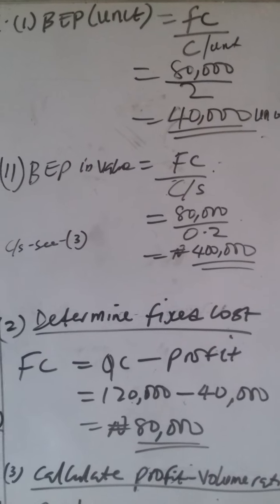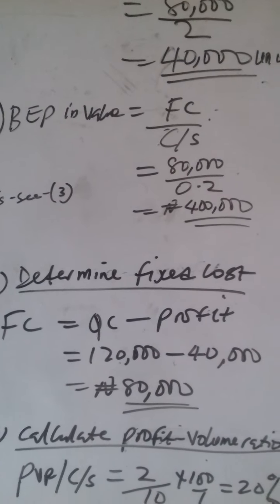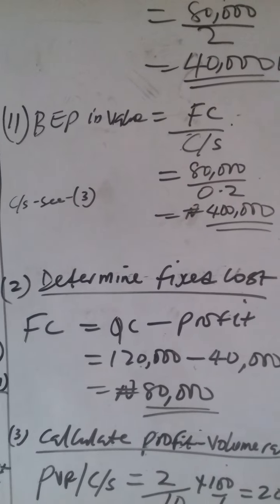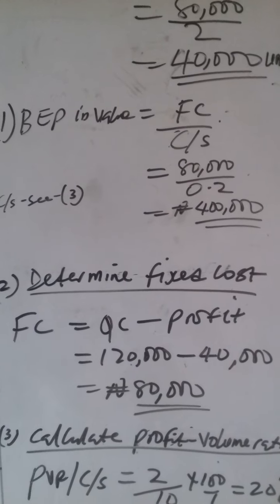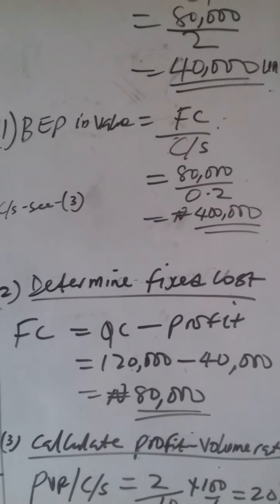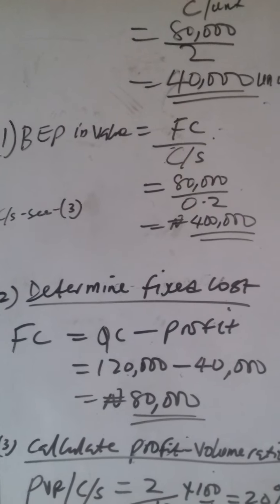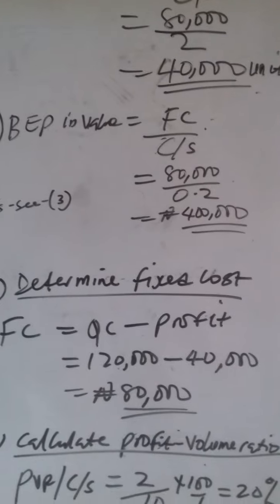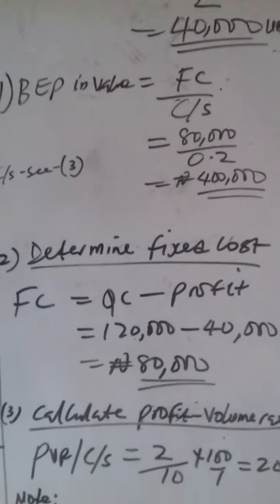That's what it means. Then in value, the assumption we see in calculation is the CS ratio, which is same as CMR, is 0.2, which is 20%. When you divide, it will generate 400,000 Naira, which is the break-even sales. Are we together? Now let's go down.